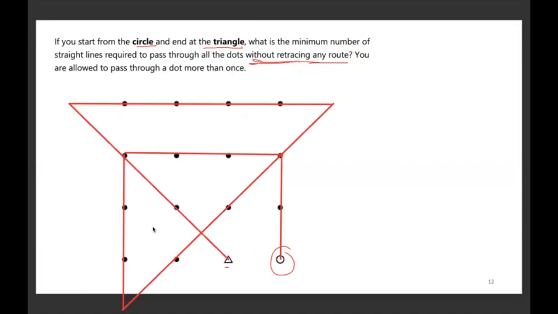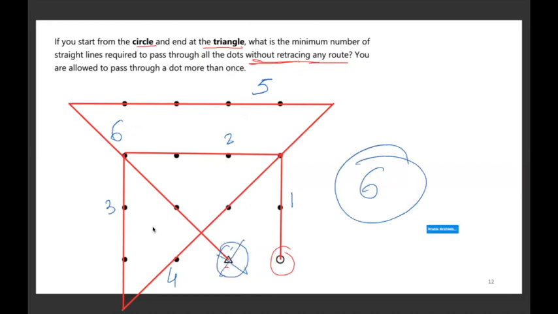So the numbering happens like this. 1, 2, 3, 4, 5, and 6, where I reach this destination. So the total number of straight lines required to start from circle and end at the triangle would be 6. Okay, we'll move to the next one.